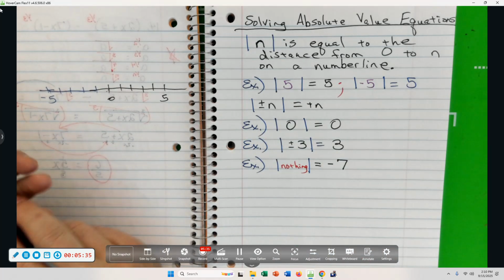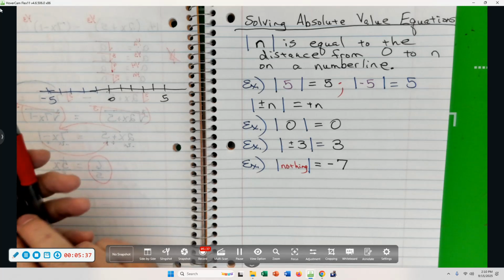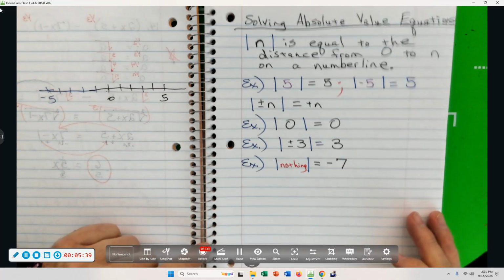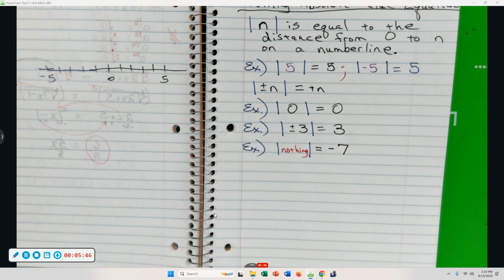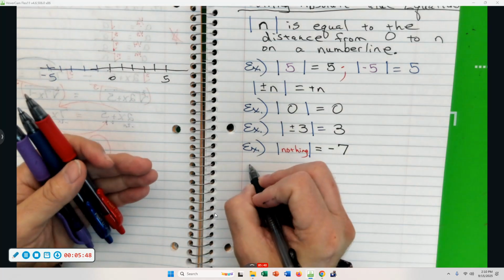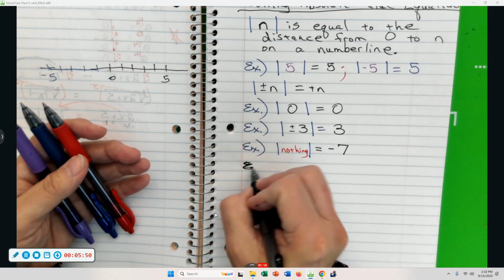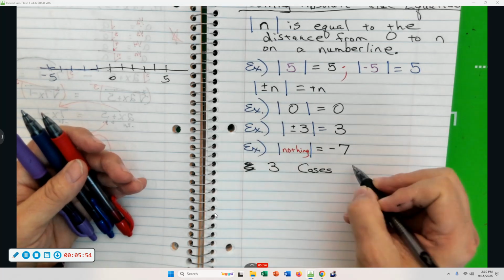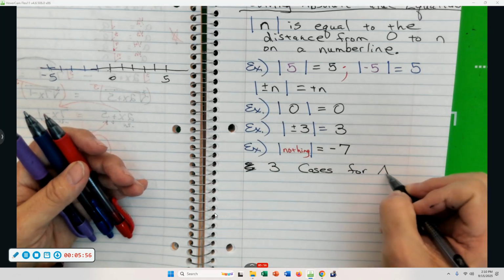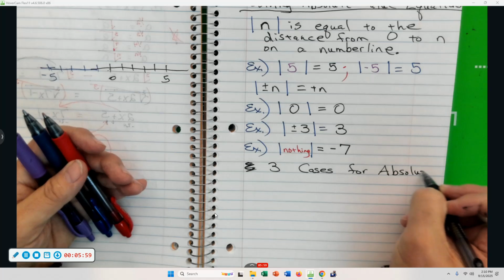We have 3 cases as we look at absolute value equations today. I think I'll write those down here. Okay. I'll say 3 cases for absolute value equations.